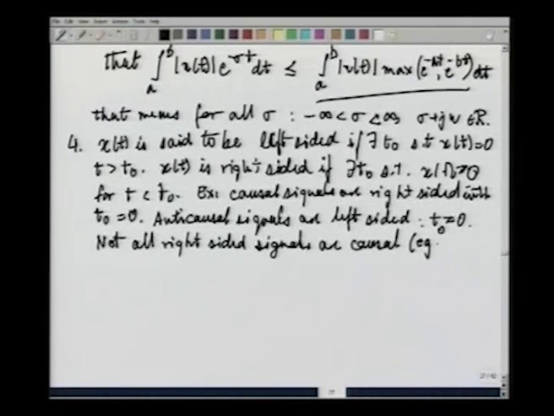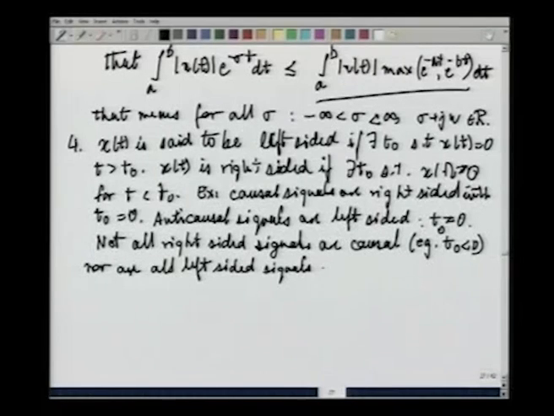Example, t naught less than 0, nor are all left-sided signals anti-causal.